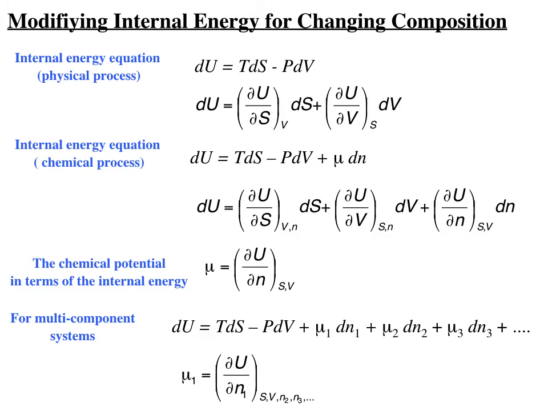Let's first look at how we can modify the internal energy to account for chemical change. The expression you see at the top, dU = TdS - PdV, is completely general for any material, but in particular, it's completely general for the change in internal energy of that material, as long as it is not undergoing a change in composition.